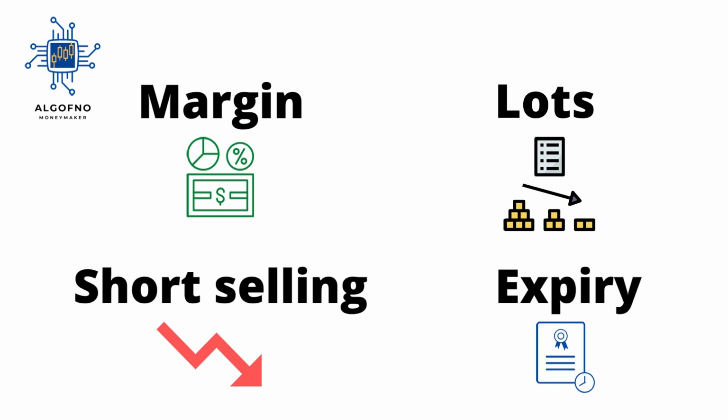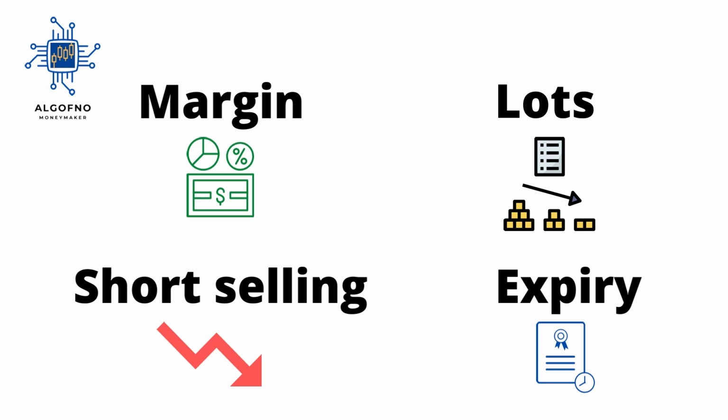All of the future trading happens in lots, which is just a number of the underlying asset grouped, which means you can transact only in multiples of lots with a minimum of one lot. If you think the prices will go down in the future, you can also make money by simply short selling a future contract, which means you will be obligated to buy back the contract at a future date, regardless of the price.